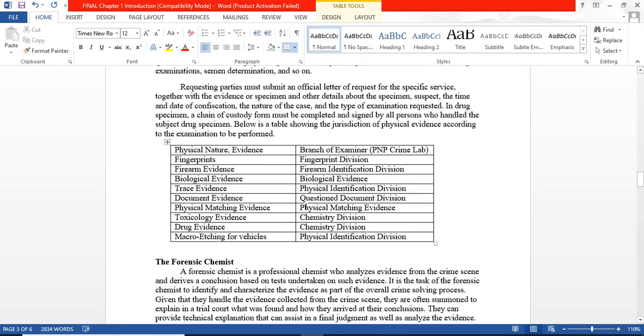Document evidence, questioned document division. Physical matching evidence, parehas lang sa inyong DNA, physical matching evidence division. Your toxicology evidence, chemistry division. Your drug evidence, under man sa chemistry, which deals sa inyong chemicals. Your macro-etching for vehicle, or ang ilang ginagamit sa plate numbers, physical identification division.